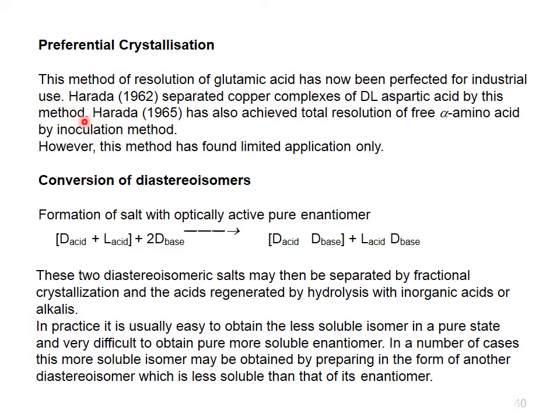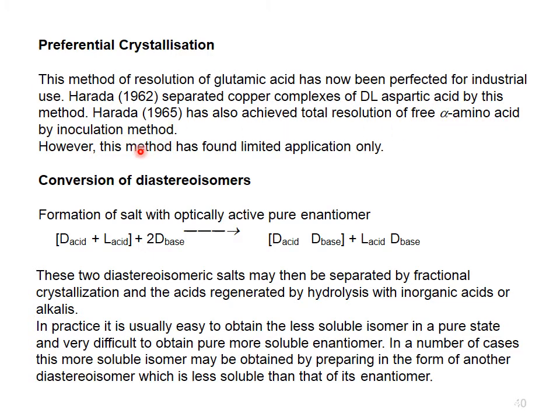This is the method of conversion to diastereomers. Here this is D acid D base. These two have diastereoisomeric relationship. These two diastereoisomeric salts may then be separated by fractional crystallization and the acid regenerated by hydrolysis with inorganic acids or alkalis.